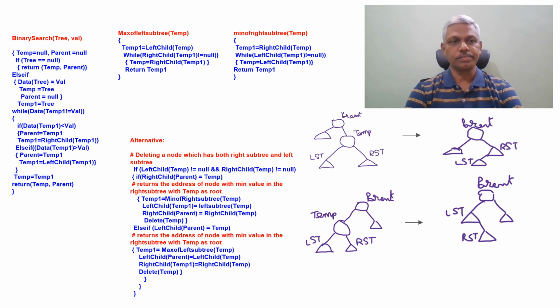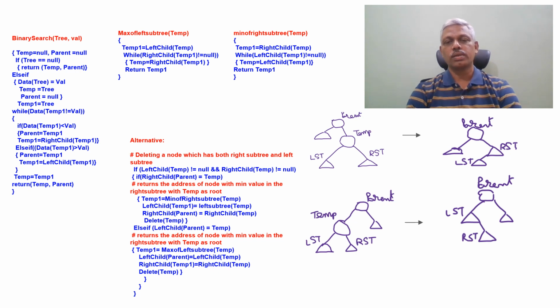So they are updated. Else if data of temp1 is greater than val, val is on the left side, so parent is updated as temp1, temp1 is updated as left child of temp1. We keep on doing this in the while loop until data of temp1 is equal to val. Once that is found, temp is equal to temp1 and return temp comma parent. So once that node is found, we can return the temp and parent value.